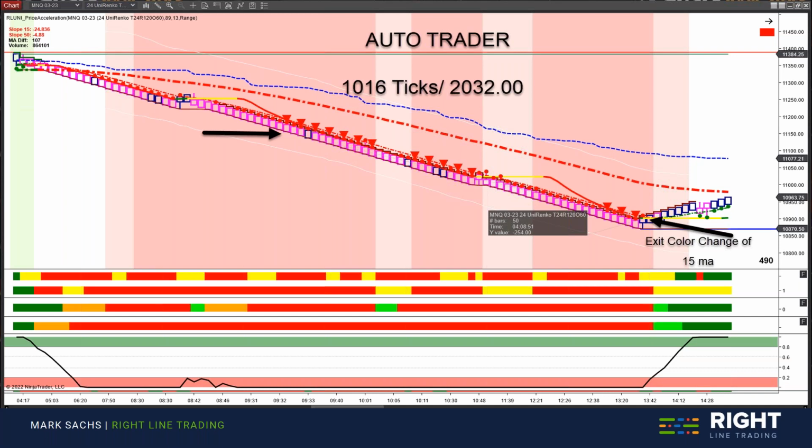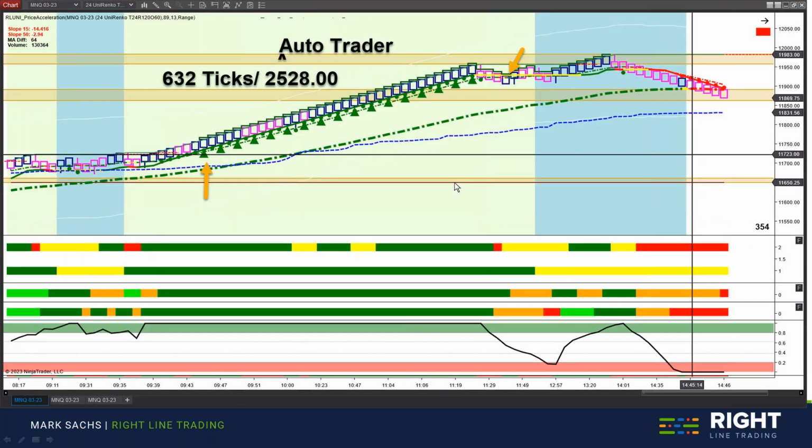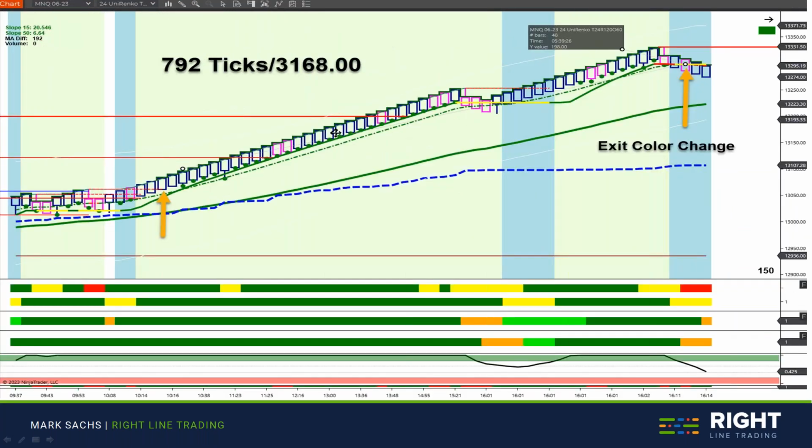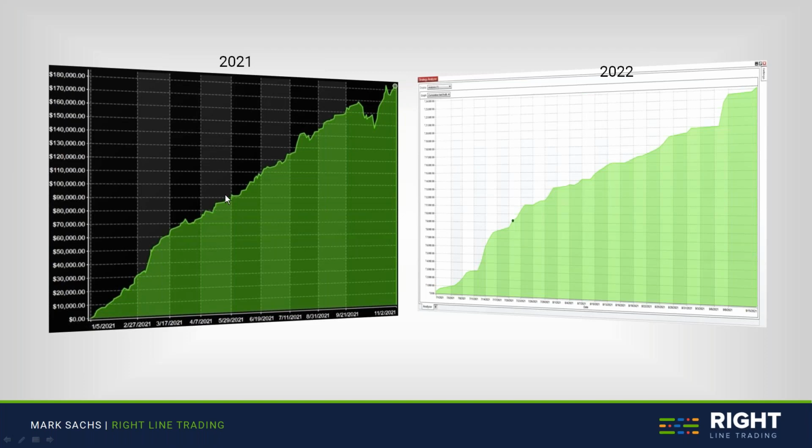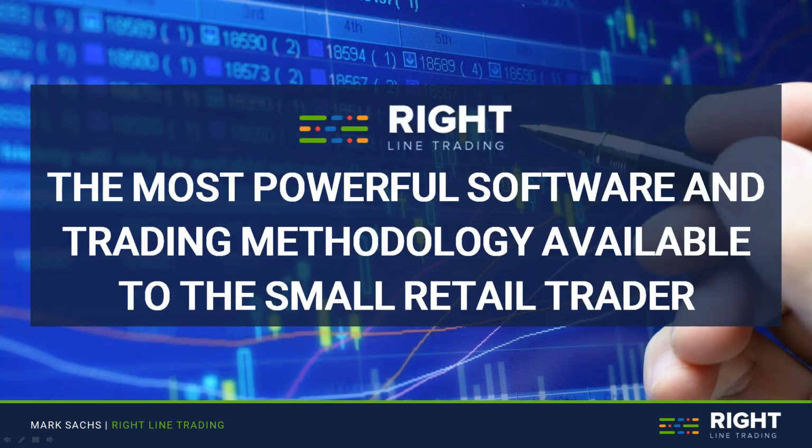This thing ran down and ran down and ran down all morning. 1,006. 632 ticks. 792 ticks. Here's the equity curve on that auto trader. So it doesn't get caught up in a lot of chop because it has the same rules as taking a trade yourself.